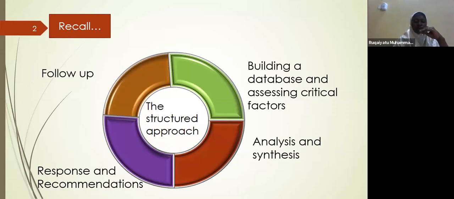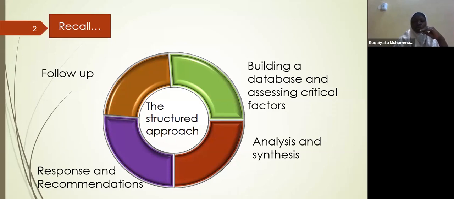Then, of course, the follow-up. The essence of the follow-up cannot be overemphasized. Like he said, it has to be in a timely manner, it has to be quick, because this will assist you to really know whether the recommendations that you made were implemented, whether there was a change in the medication practice or there was a change in the patient's outcome.